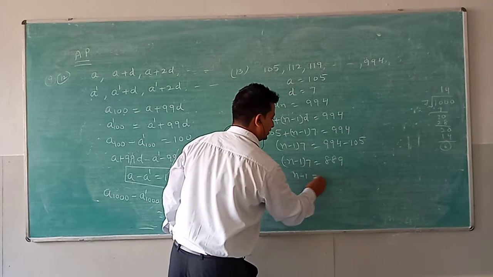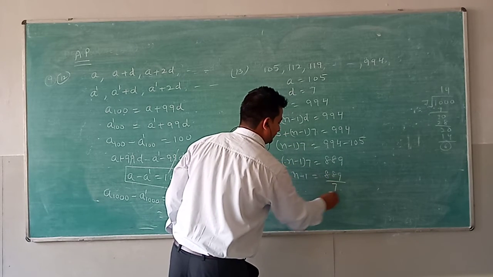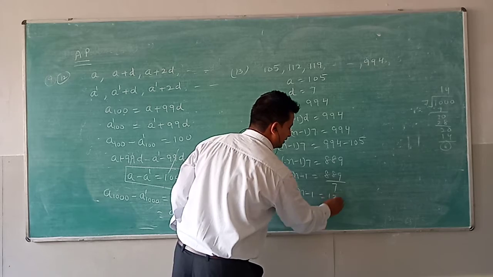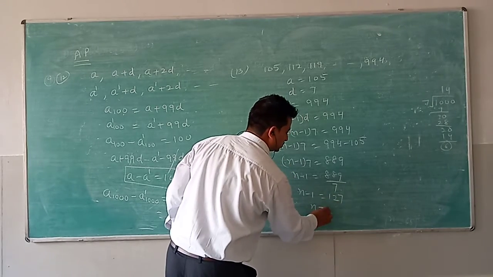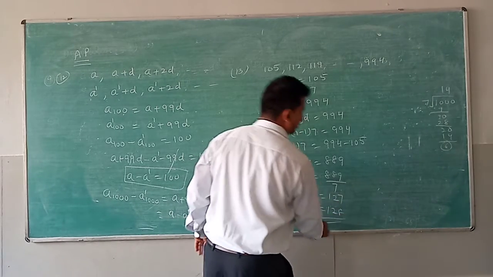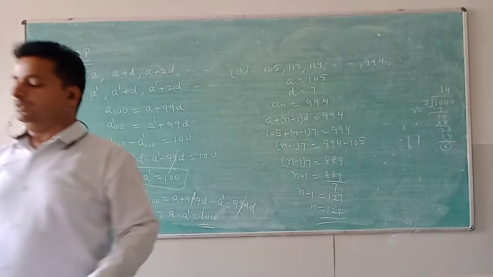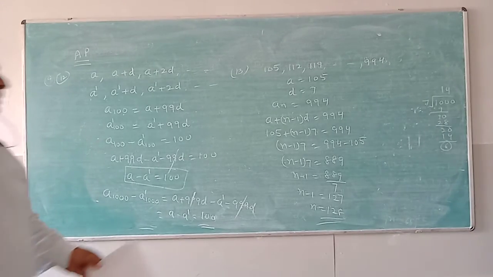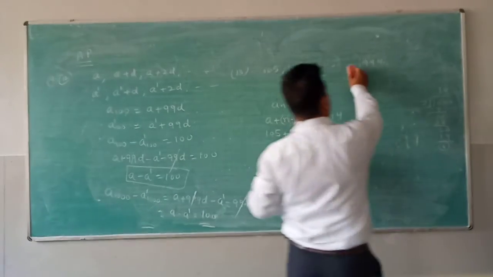So n minus 1 is 889 by 7, which is 127. So n is 128. So there are 128 three-digit numbers which are divisible by 7.